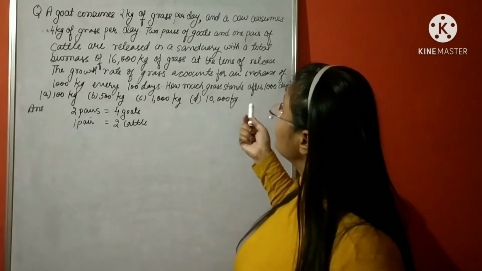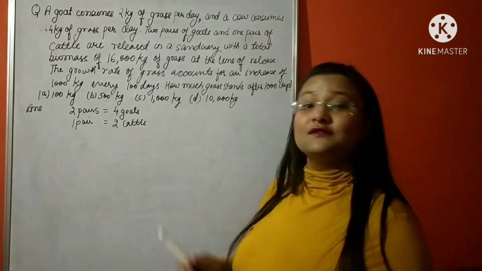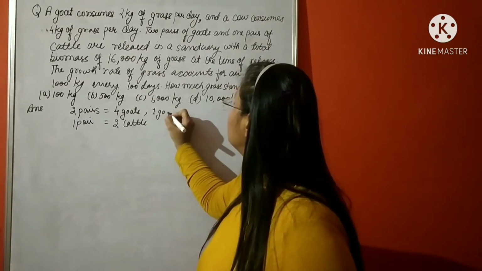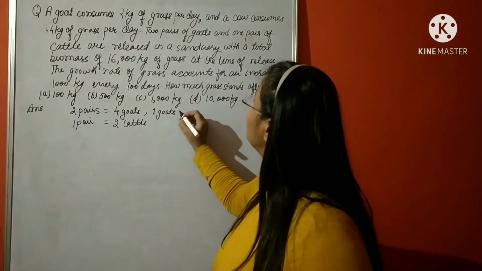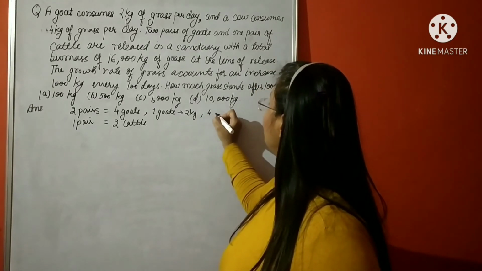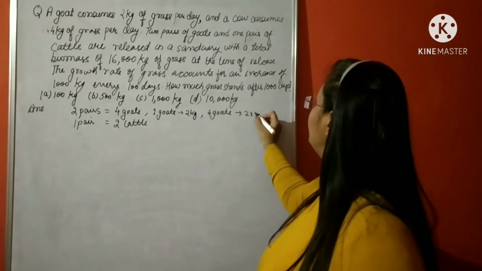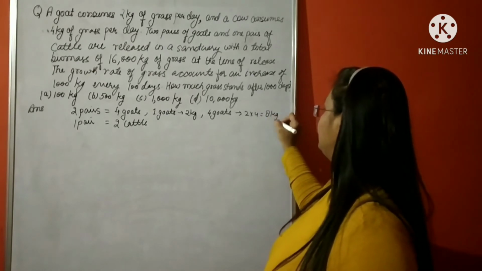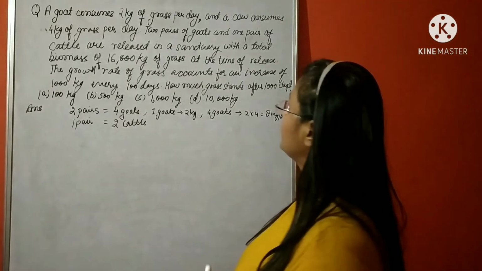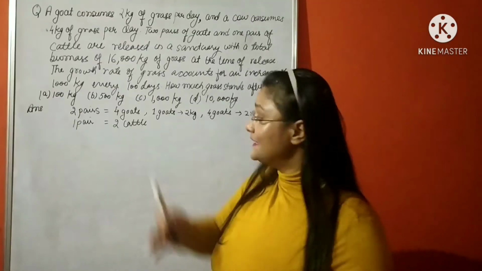Also, they have given that a goat consumes 2 kg of grass per day. So 1 goat consumes how much? 2 kg. Then 4 goats will consume 2 into 4, which is 8 kg per day. Right? Now they have also given that 1 cow consumes 4 kg of grass per day.